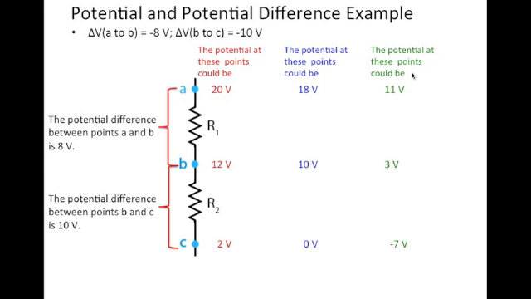A could be 11 volts, then B would be 3 volts, and then C would be minus 7 volts. So B is 8 volts lower than A, and C is 10 volts lower than B. And so the main point here is that there are a lot of solutions for the potential for one change in potential between the 2 points.